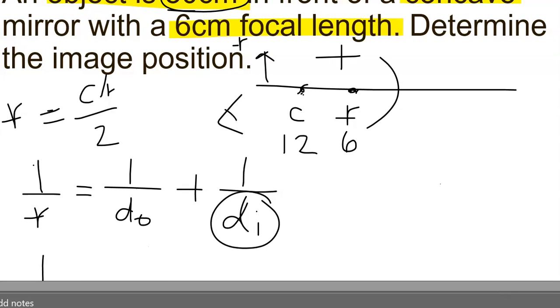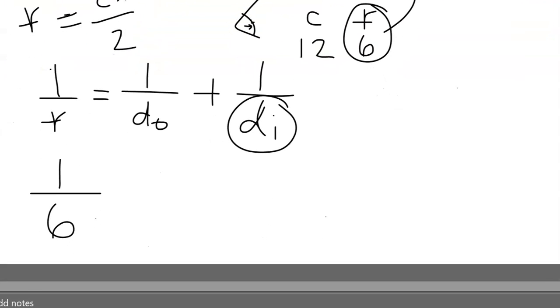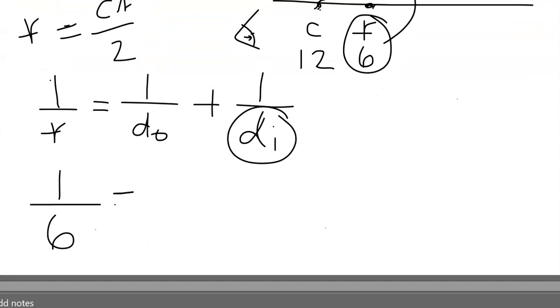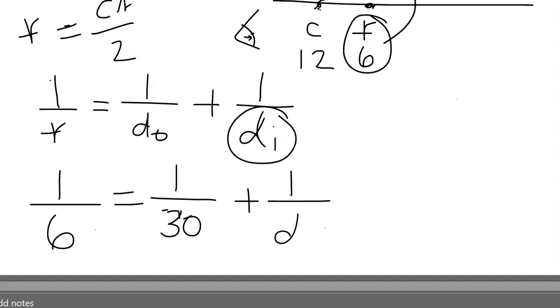Anything on this side, same side as the observer and the object, okay, is positive, and this would be negative. So our focal length is going to be a positive number. Is equal to 1 over 30 centimeters plus 1 over DI. And I'm sorry, we actually need to convert these centimeters to meters, so that would be 0.30 meters, and this would be 0.06 meters. All right.